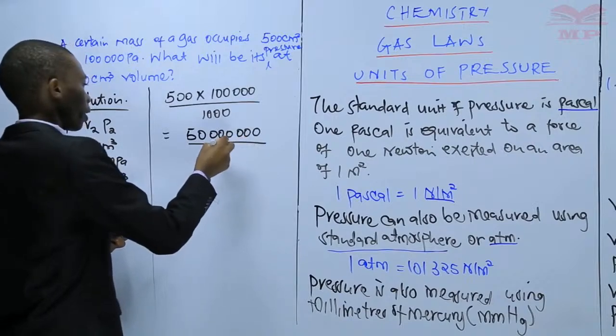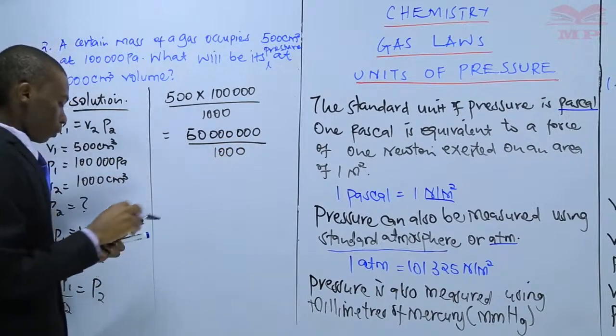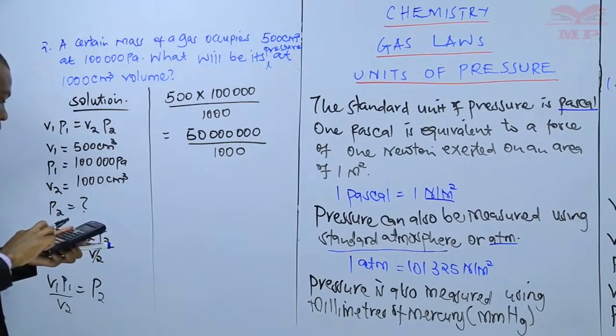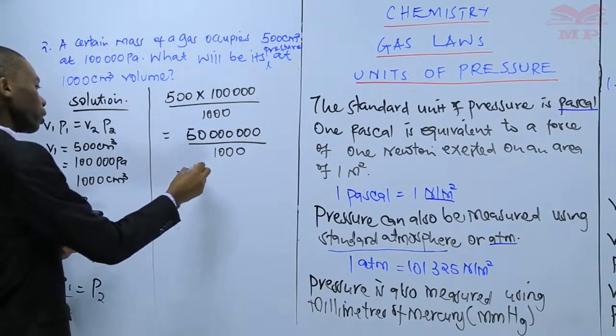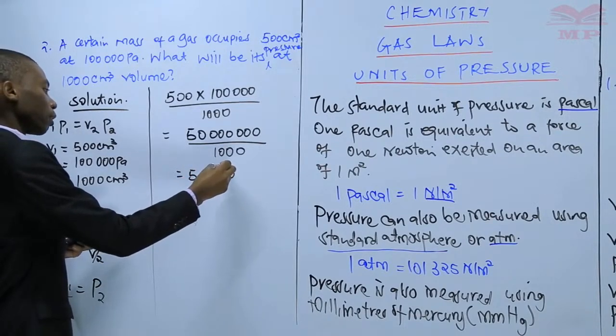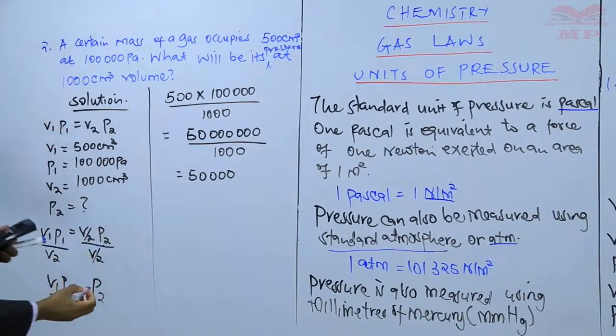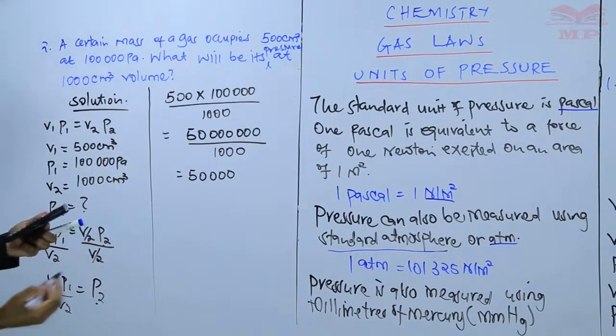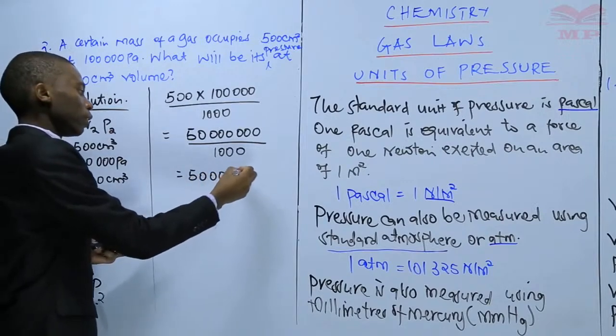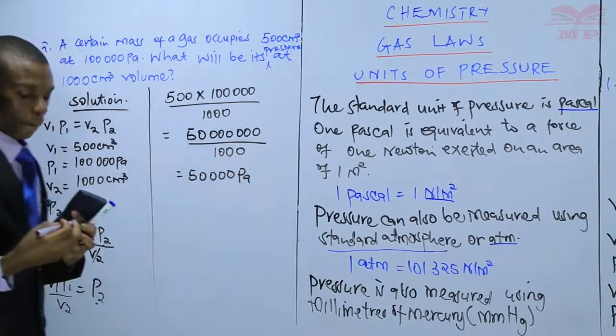And divide this by 1,000. You will get 50,000. Because we are looking for pressure, you must include the units of pressure. Therefore, it's 50,000 pascals.